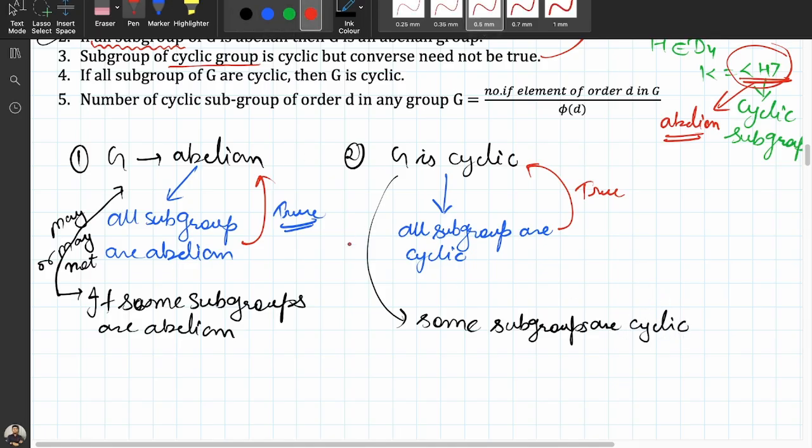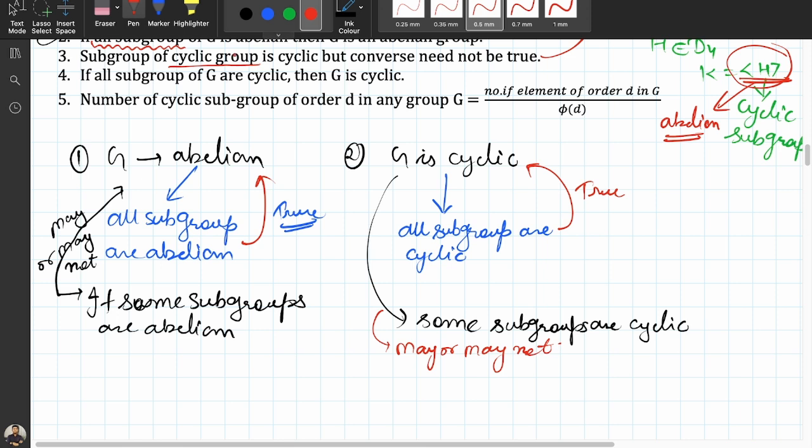Then what we can say is, it may or may not be. That's the simple result here.